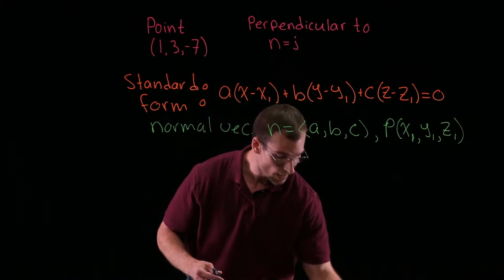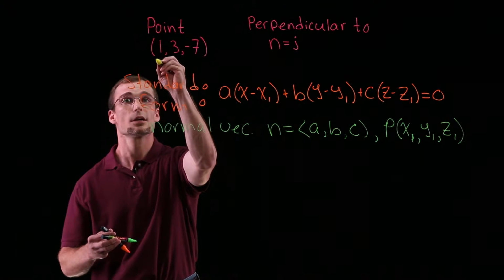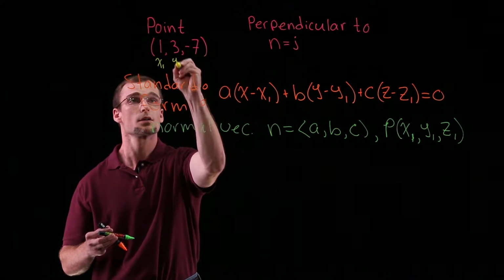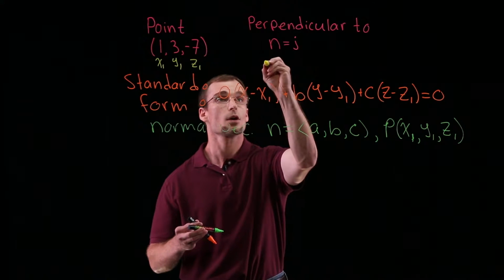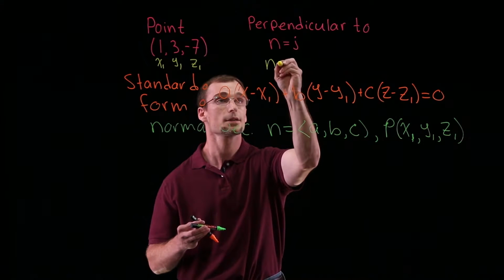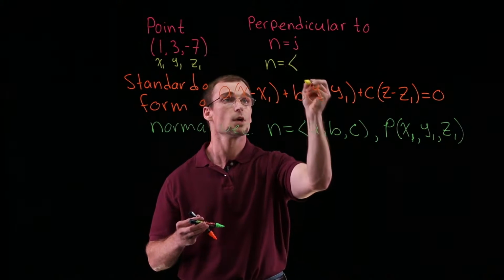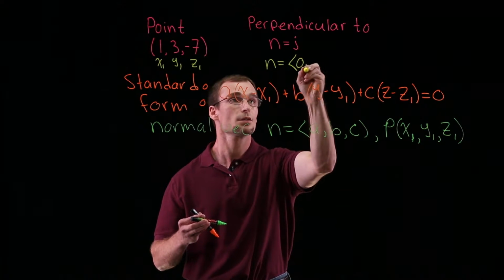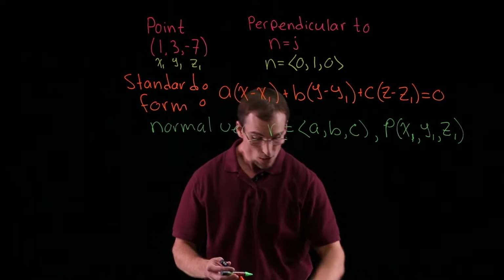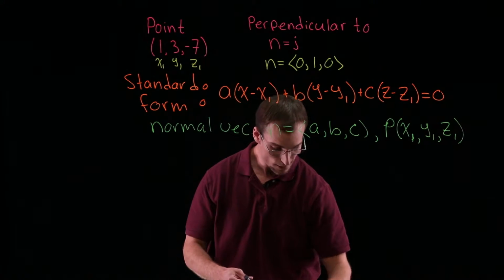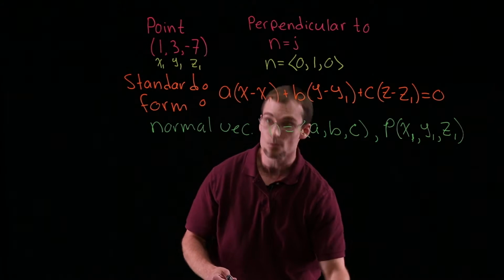So from our point, here's our x1, y1, and z1. And for our normal or perpendicular vector, we have our unit vector with components 0, 1, and 0. So that gives us our a, b, and c. So with this, we can go ahead and plug everything in.